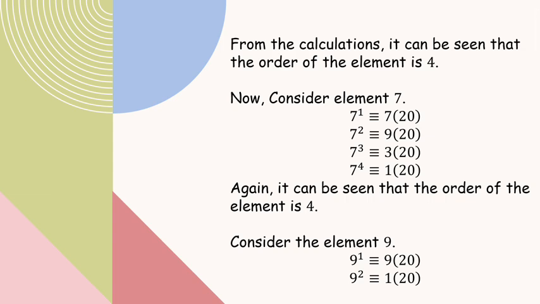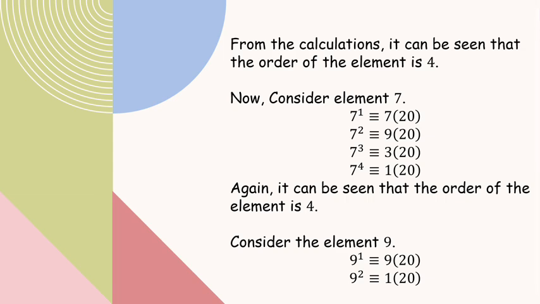Now, consider element 7. 7^1 is congruent to 7 mod 20. 7^2 is congruent to 9 mod 20. 7^3 is congruent to 3 mod 20. 7^4 is congruent to 1 mod 20. Again, the order of the element is 4.